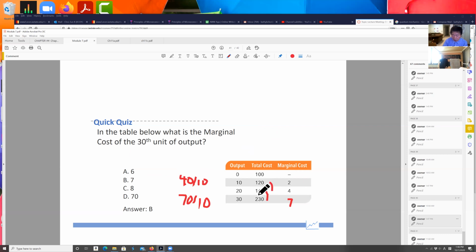And then from 160 to 230, that difference is 70. Change in output was 10, so 7. Marginal cost is rising from 4 to 7, so it is rising. So the answer is 7.